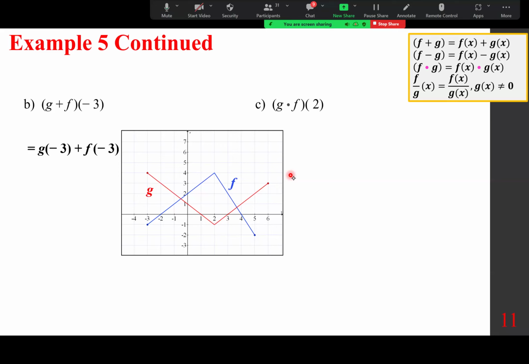So g, when x is negative 3, is this value, which is 4. And the blue one, when x is negative 3, is this value, which is negative 1. So simply put, positive 4 added to negative 1. Remember, this is 4, this is negative 1, and they add up to 3.